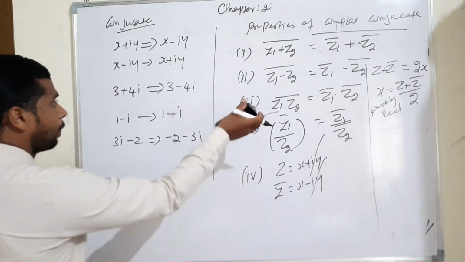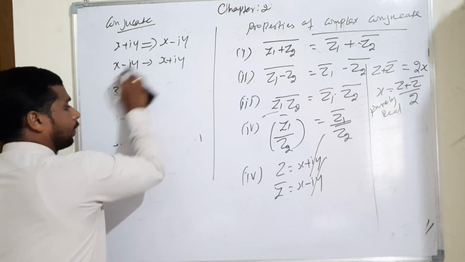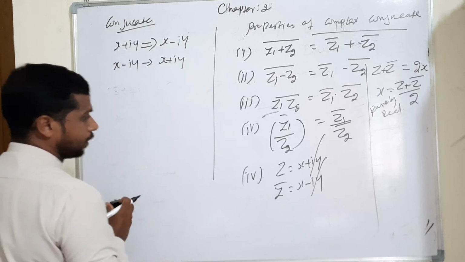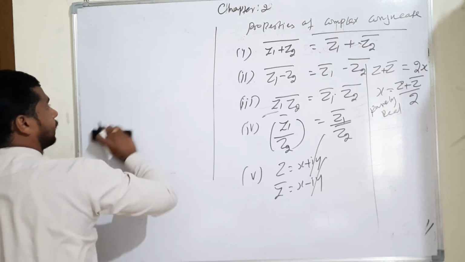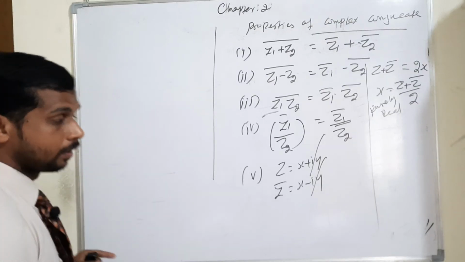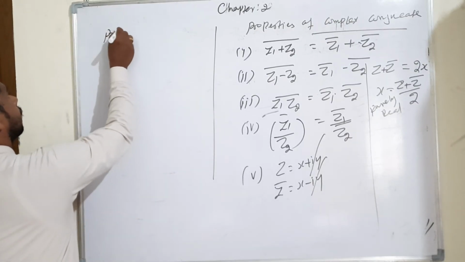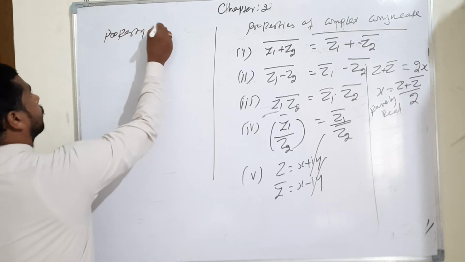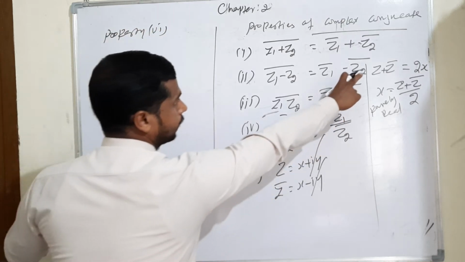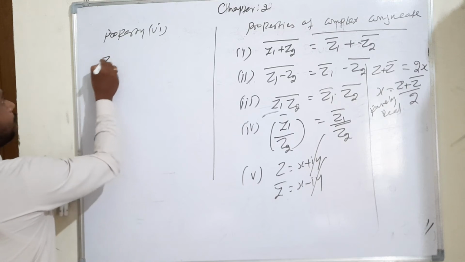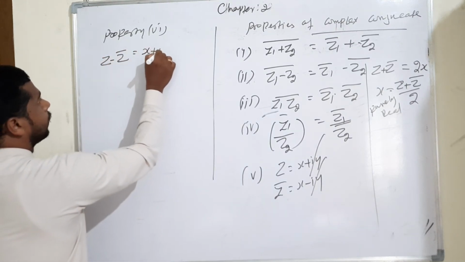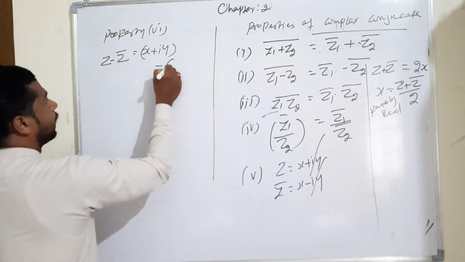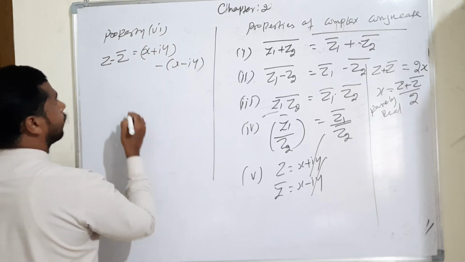Then property number 6. Here I have considered the plus; now I am moving to Z minus Z bar. Z is X plus iy, minus of X minus iy.